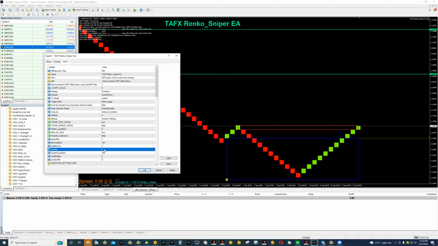Then the start bar, you can test in your demo account to see if you will change my default setting. My default setting is 2, these 2. So this tells me if my EA was working here, there was an entry here, but the moment my EA picked the entry, it was closed by this formation. Why, guys?